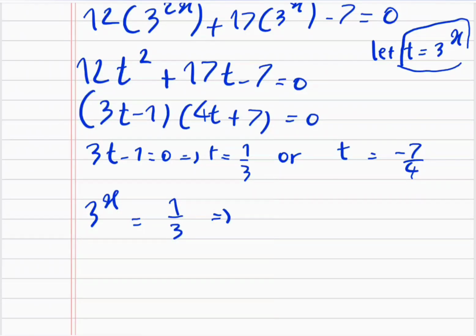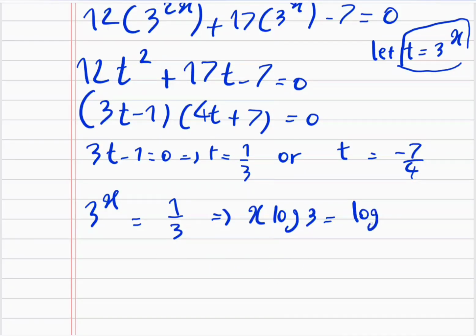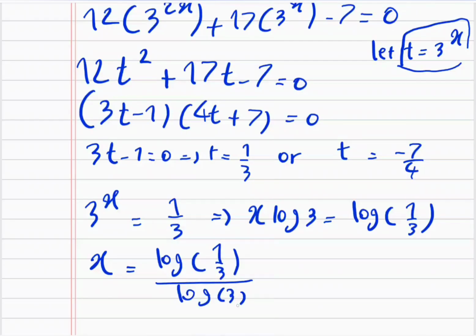We have x log 3 on one side, because when you take the log of a number that has a power, using the power law, the power comes outside of the log and becomes the coefficient of the log. Then to find x, we divide both sides by log 3. So the answer is log of 1 over 3 over log 3, but we need to give this to 3 significant figures.